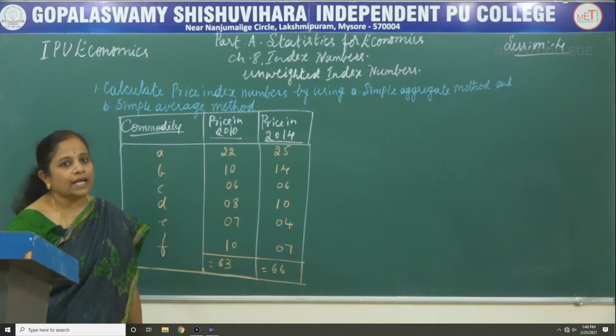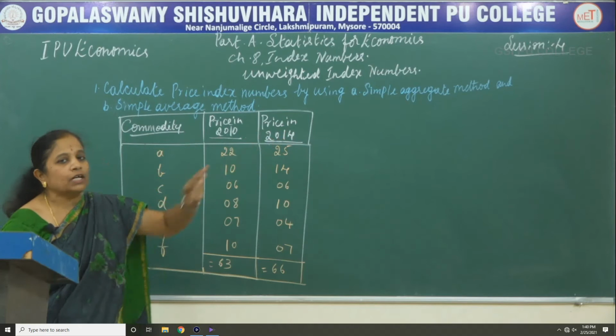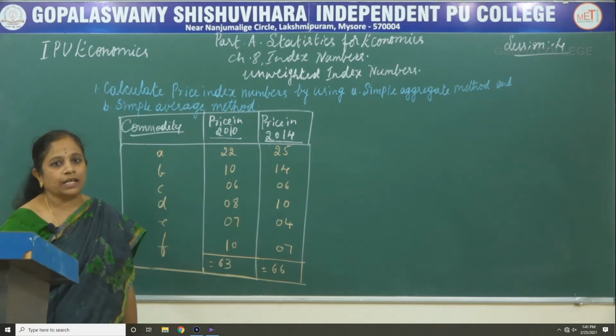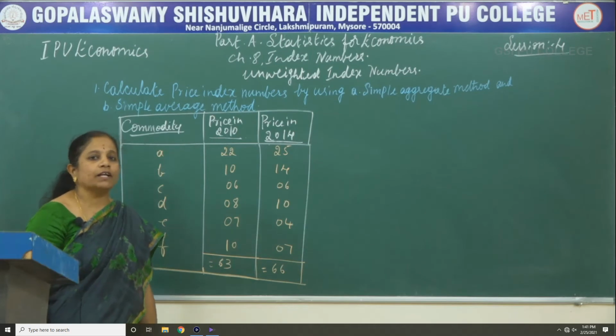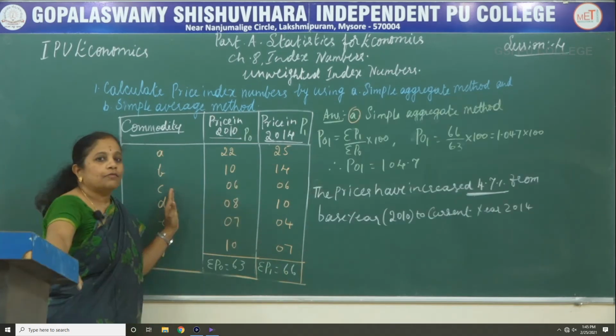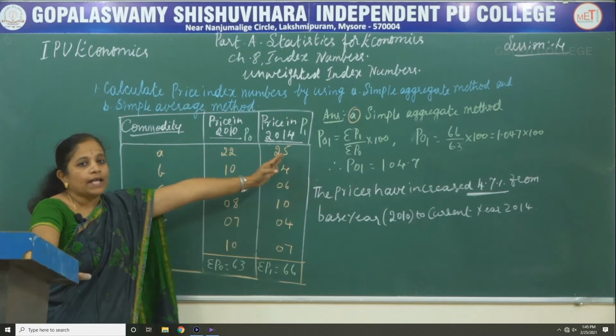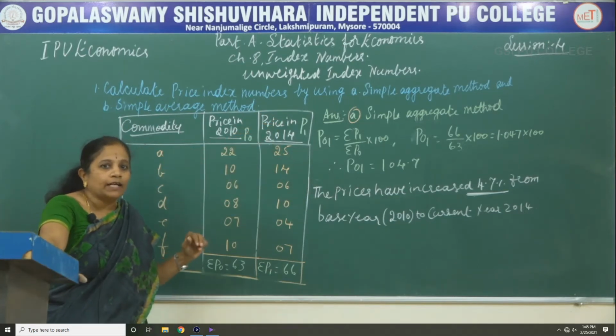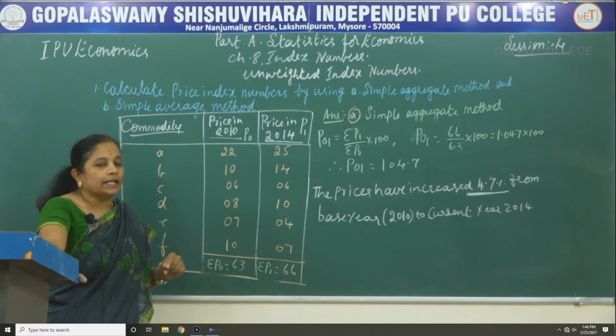Now let us calculate the two types of unweighted index numbers as they have asked in the question itself. First, we'll calculate the answer for the simple aggregate method, so we'll find the index number under the simple aggregate method.